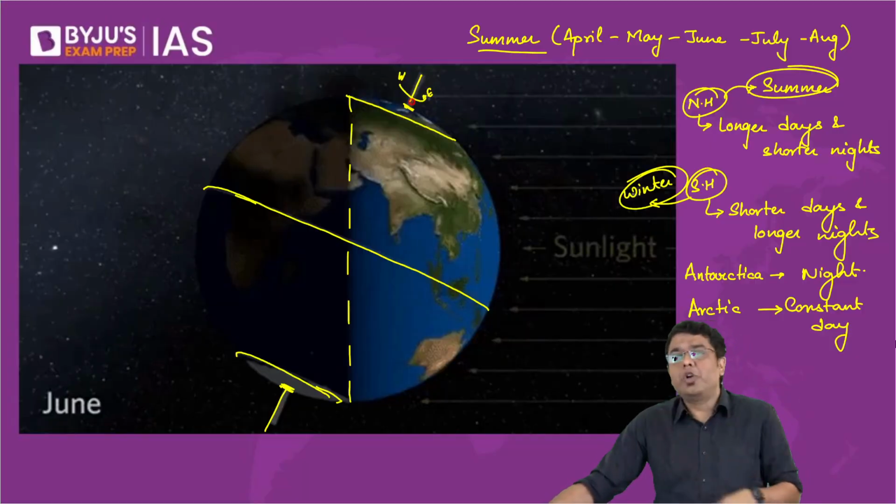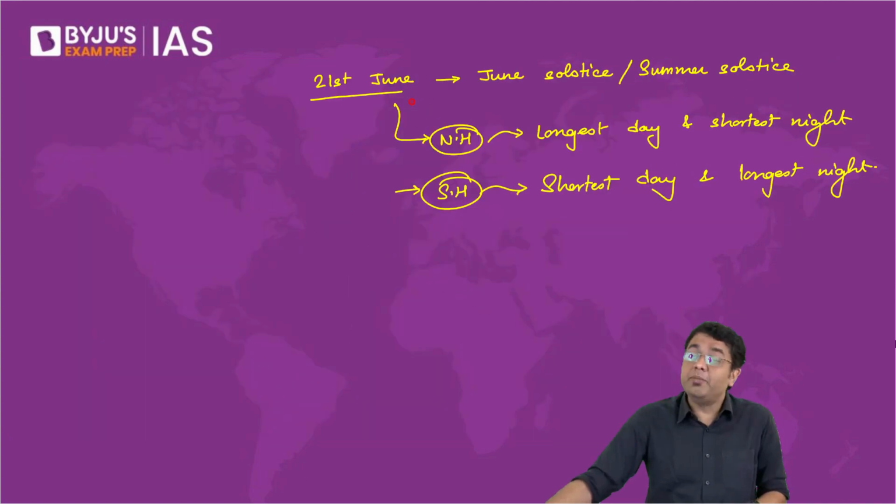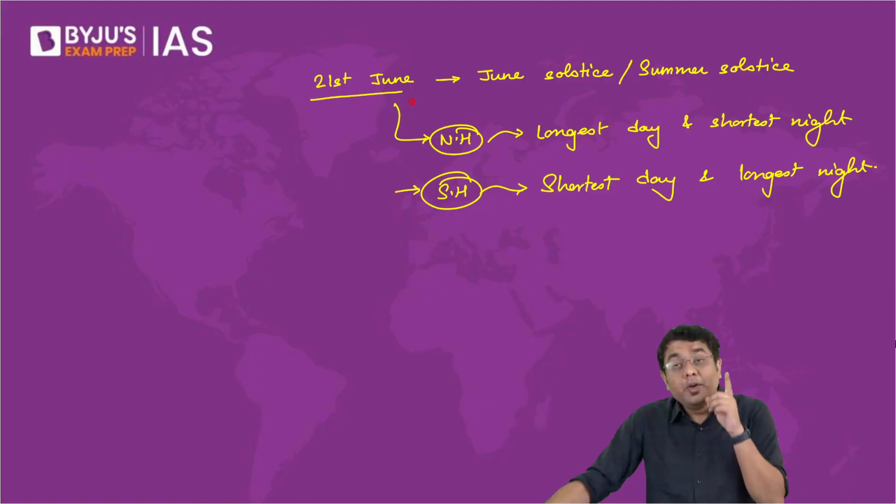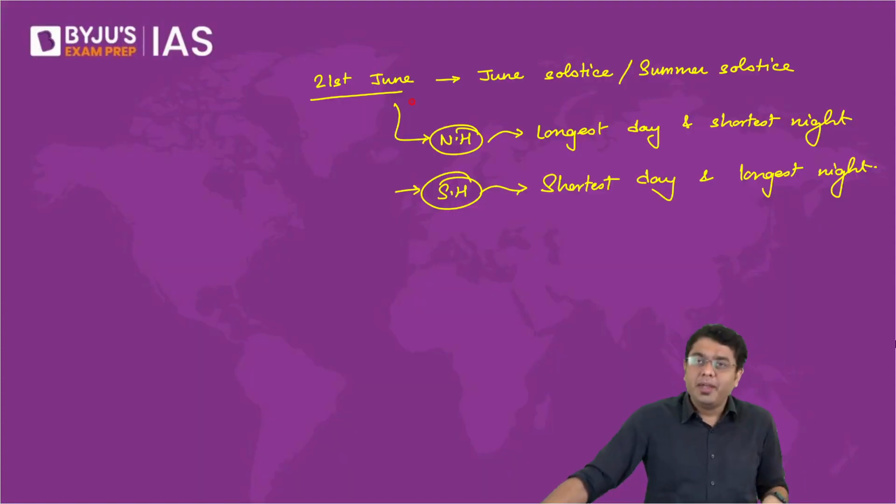And that is why majority of the polar expeditions that you find moving to Antarctica, they will explore Antarctica in the months when you have daytime in Antarctica. That is in the months of November, December, January, February. That is when the polar expeditions are carried out. Okay, I hope that is understood, Gulam.